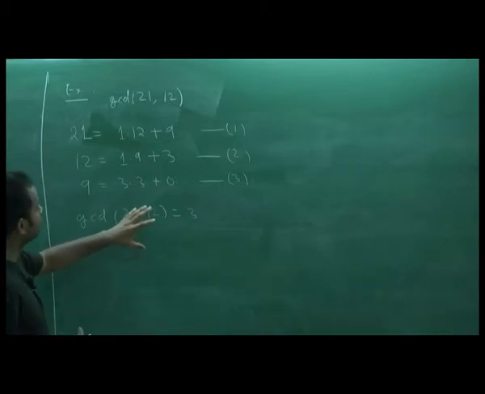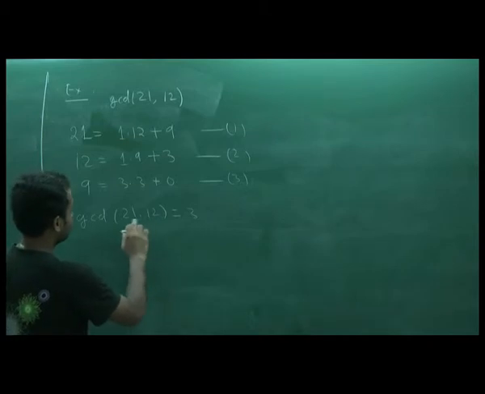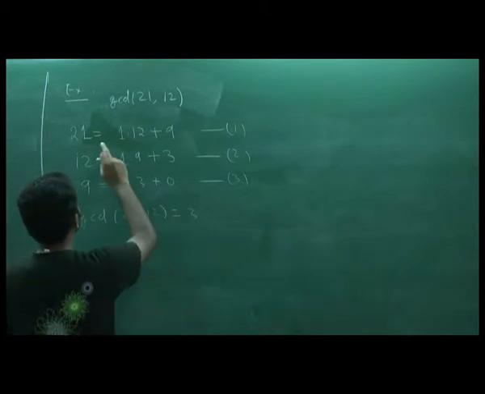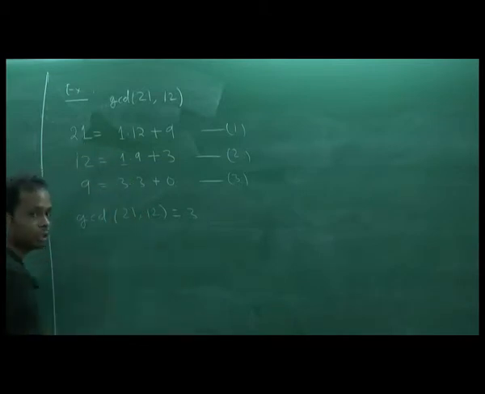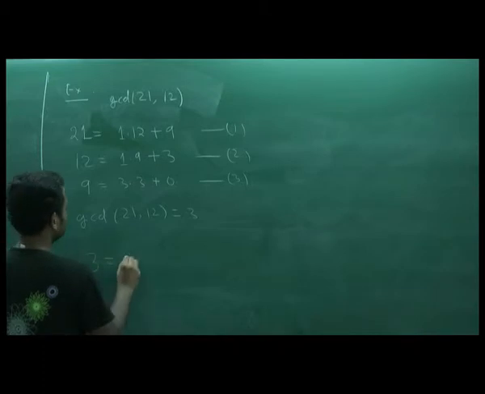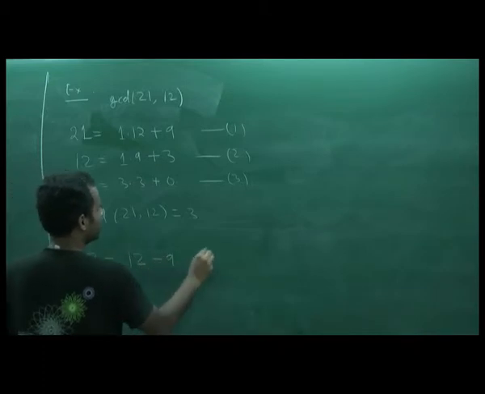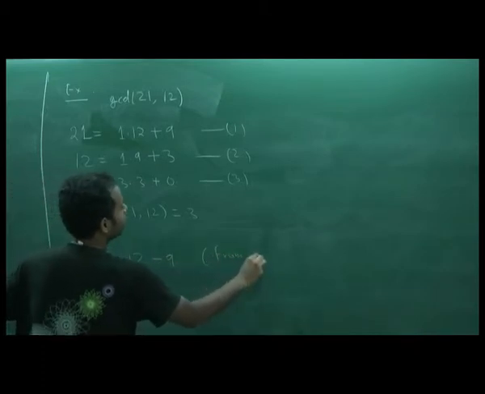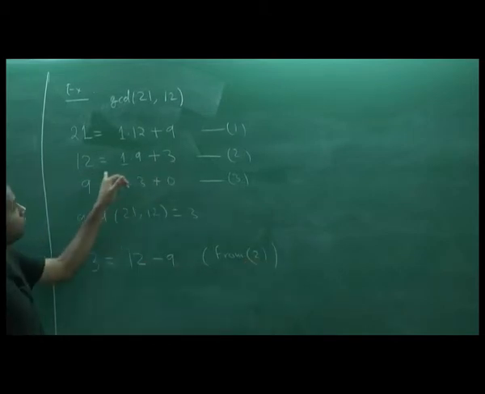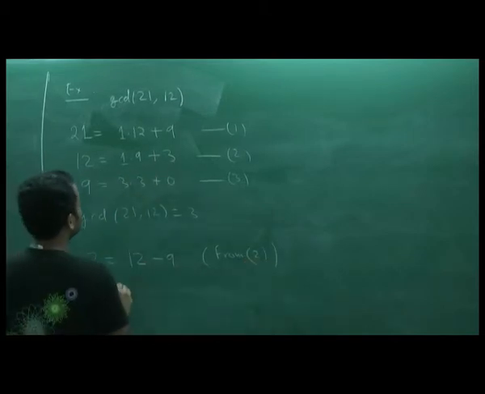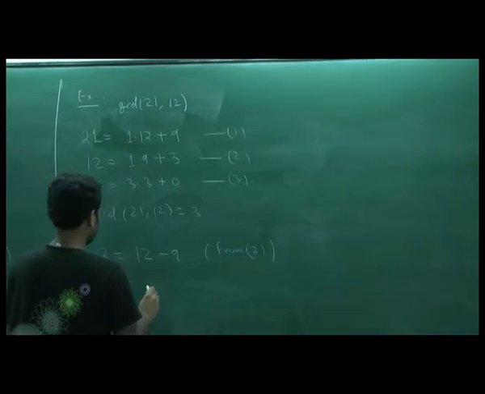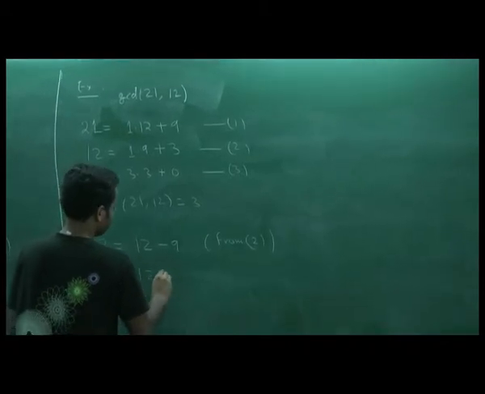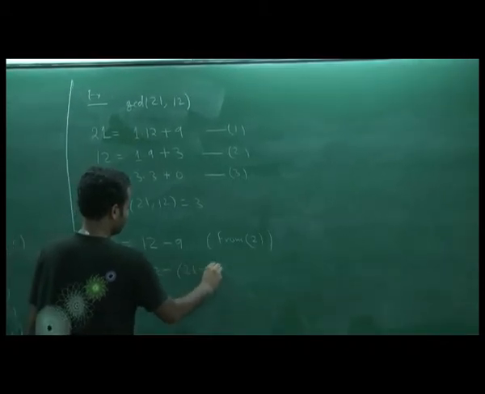But I'll do something now. We'll try to express this 3 in terms of 21 times something and 12 times something. 3 equals 12 minus 9 from step 2, right? Now 9 equals what? 21 minus 12. So 3 equals 12 minus (21 minus 12).